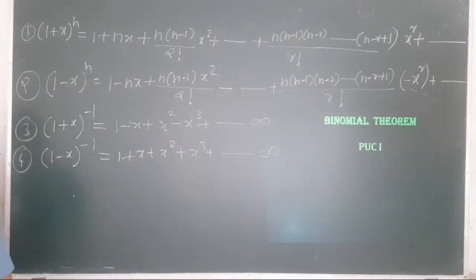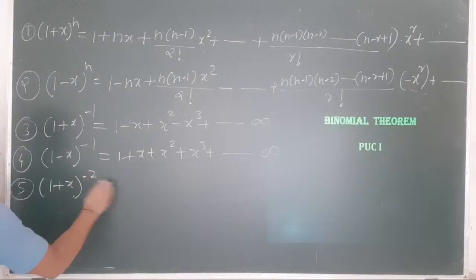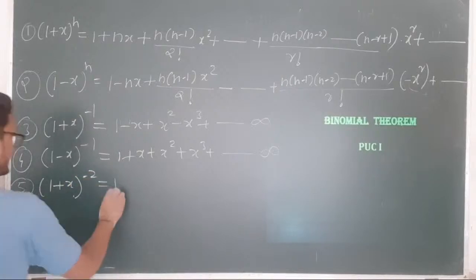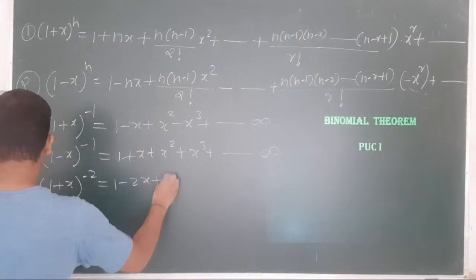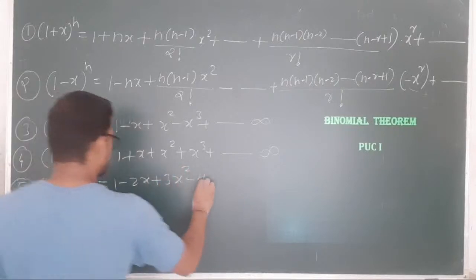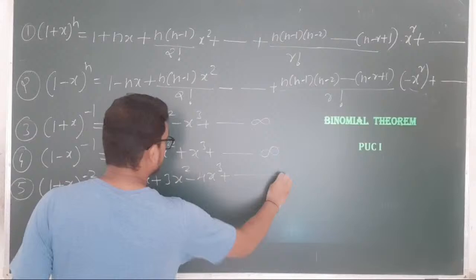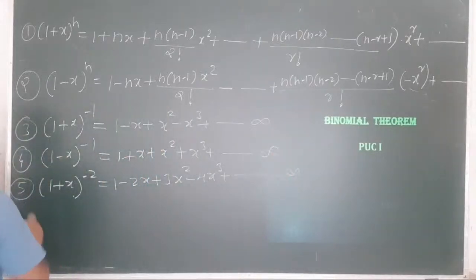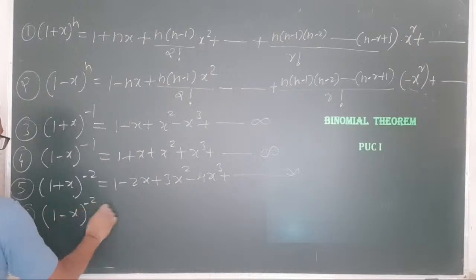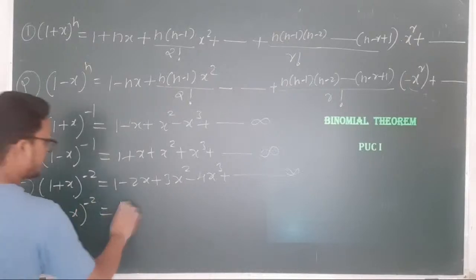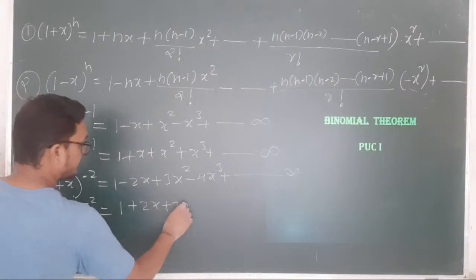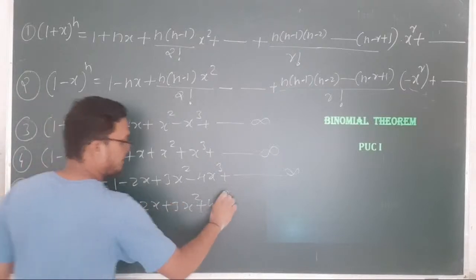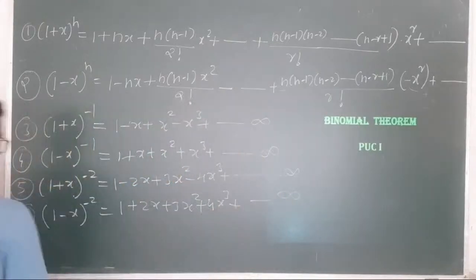Okay. After that, another fifth one, (1 plus x) to the power minus 2. Then it can be expanded as 1 minus 2x plus 3x square minus 4x cube plus so on up to infinity. Sixth result, (1 minus x) to the power minus 2 is equal to the same thing, but all are positive, up to infinity.